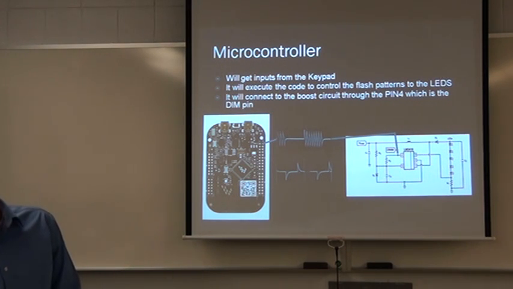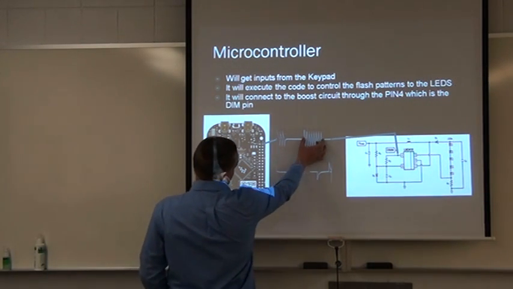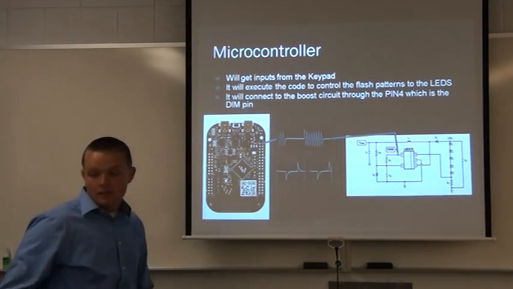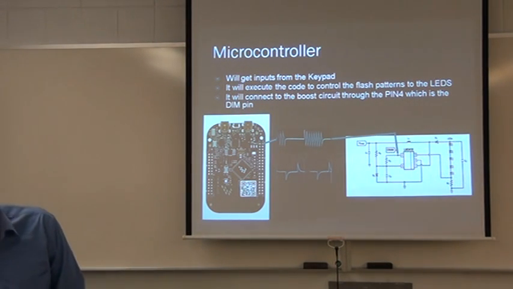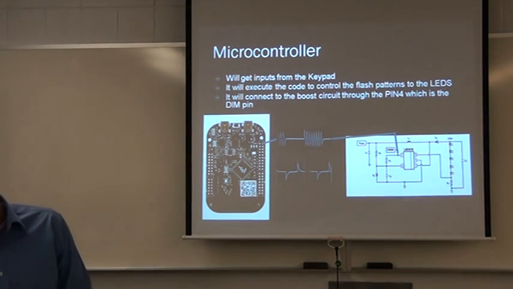It is 8 flashes in 1 cycle. And the other flash pattern is just a very slow on-off flash pattern being sent to the dim pin on the chip.